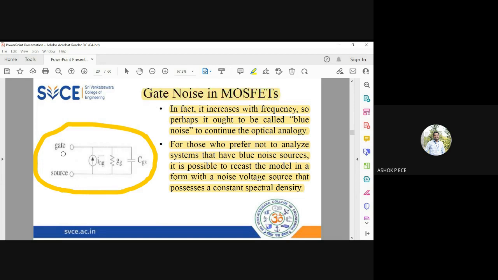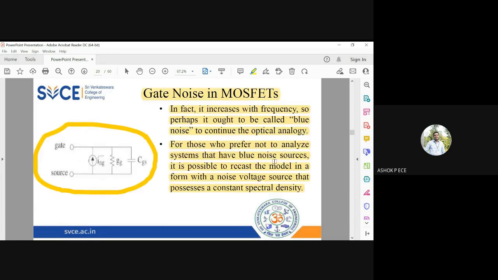This simplified circuit is mathematically and logically correct. So it can be inserted in your electronic circuits to analyze the effect of gate noise in MOSFETs. Either you can have a current source parallel to G_G, or you can convert this current source into a voltage source in series with G_G, and go on with the computation for the noise in the MOSFET.